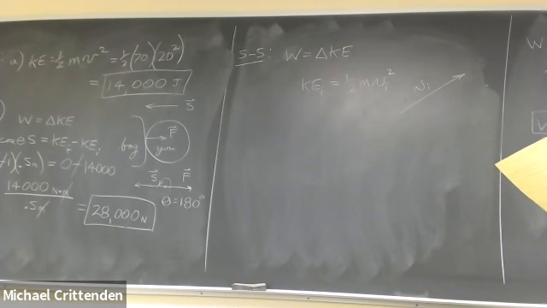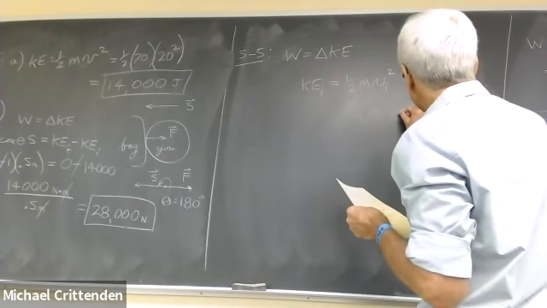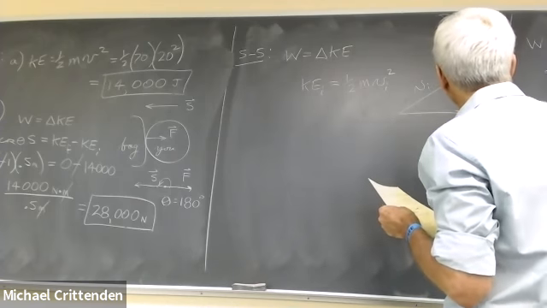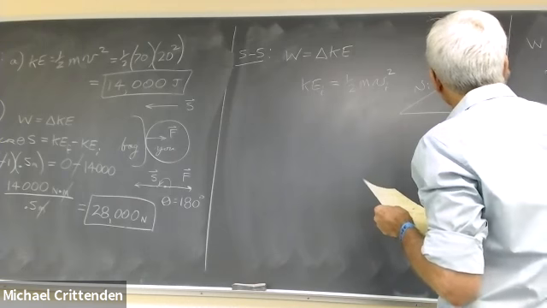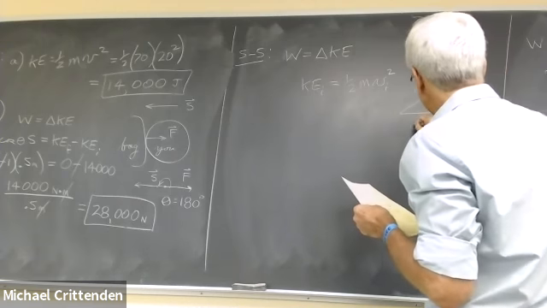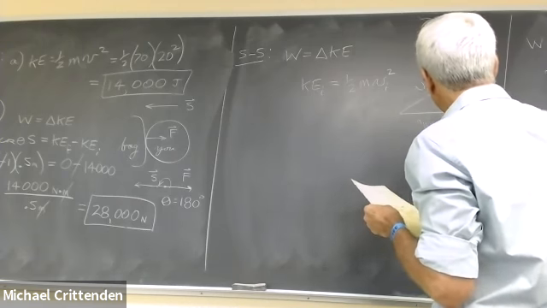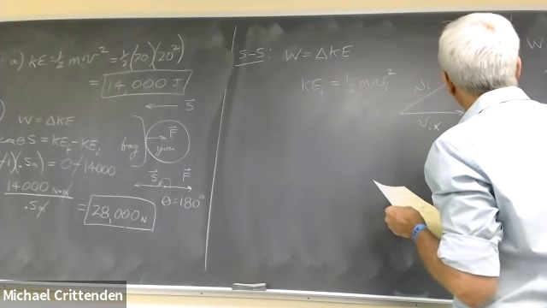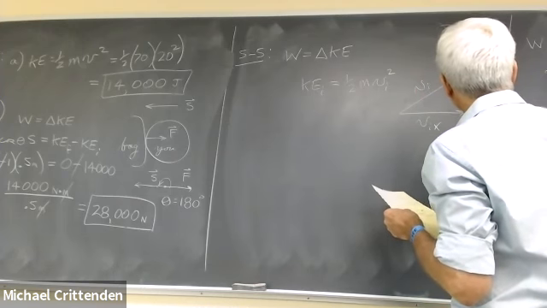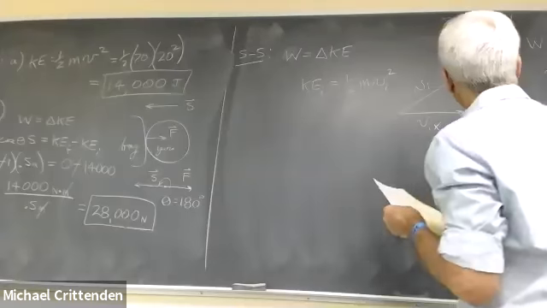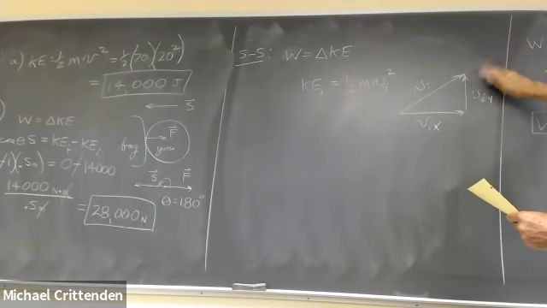There's an arrow whose length is vi. That would be the initial velocity. It has an x component, vix, and a y component, viy.